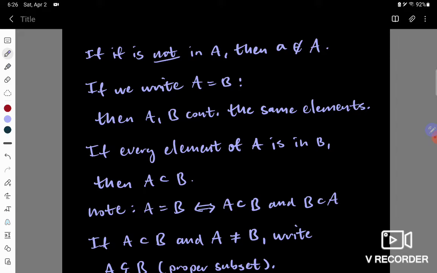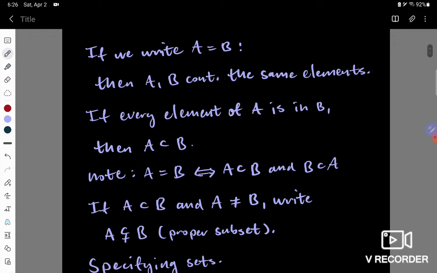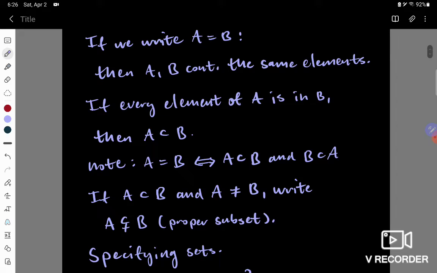There's nothing in A that's not in B, there's nothing in B that's not in A, and in fact they can be treated as the same set. An important observation, which we'll come to later, after we define the subset operation: if every element of A is in B, then we write this over here, and that is to say A is a subset of B. So give me an element in A, and I can find it in B.